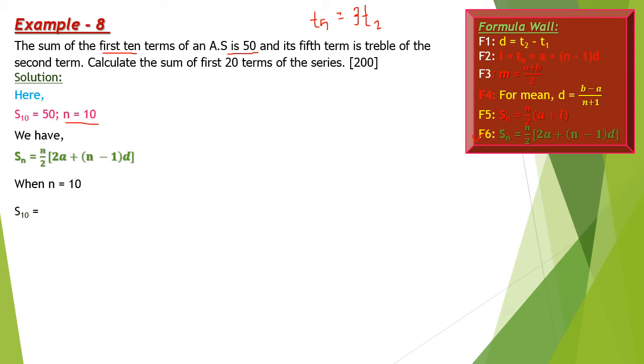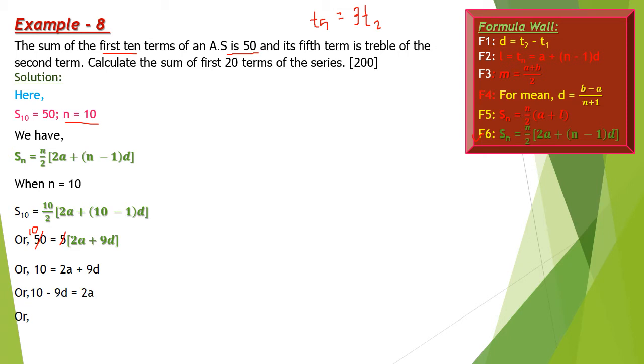S10 is equal to 10 by 2 bracket. Now 10 minus 90 is equal to 2a.